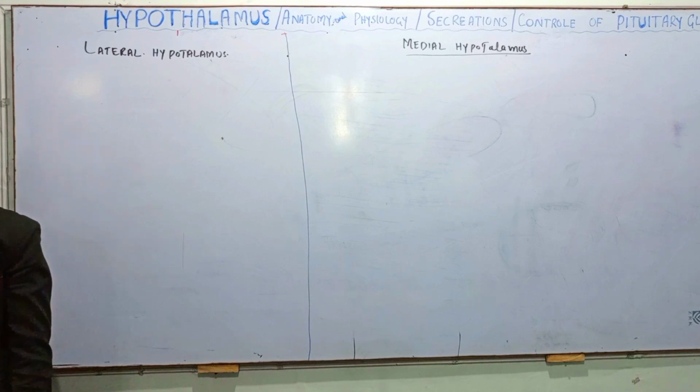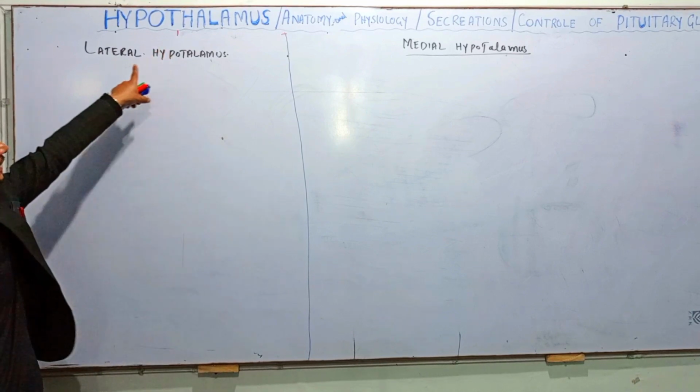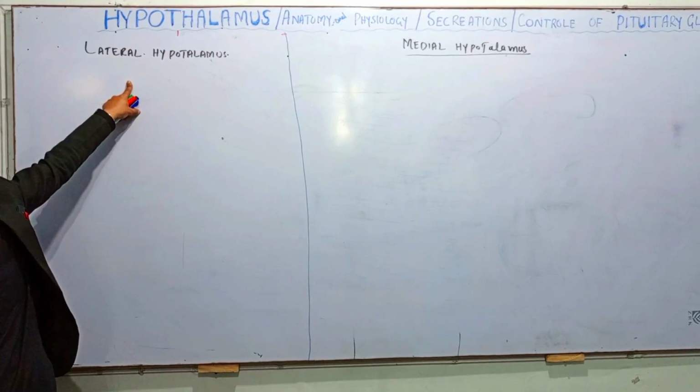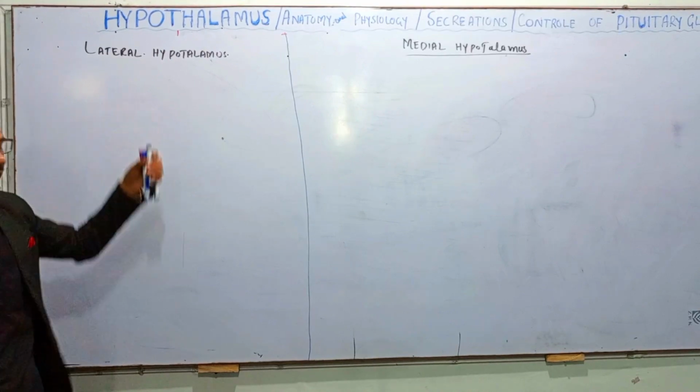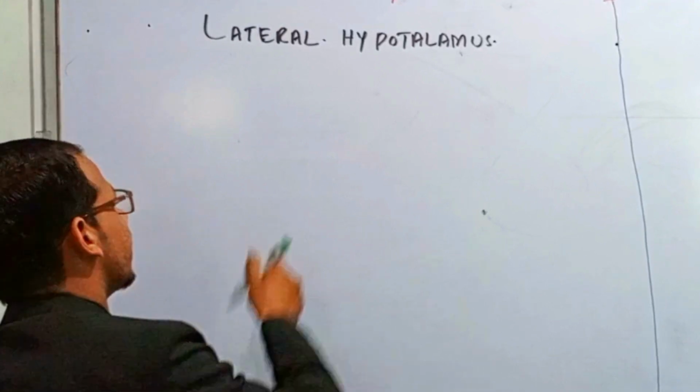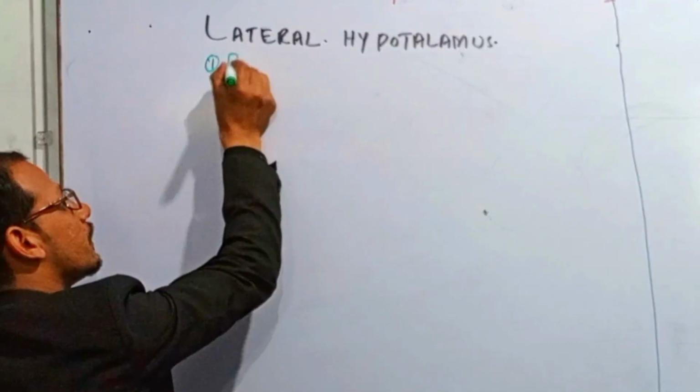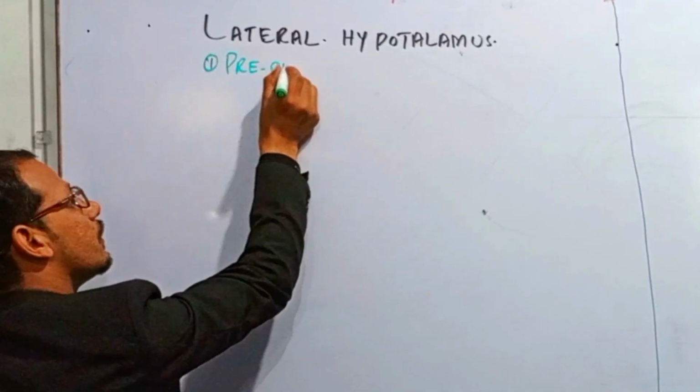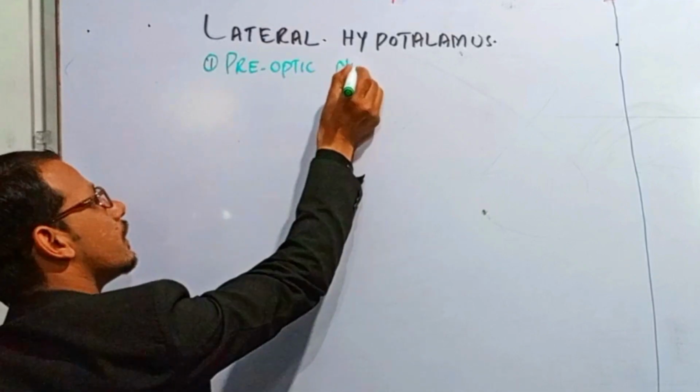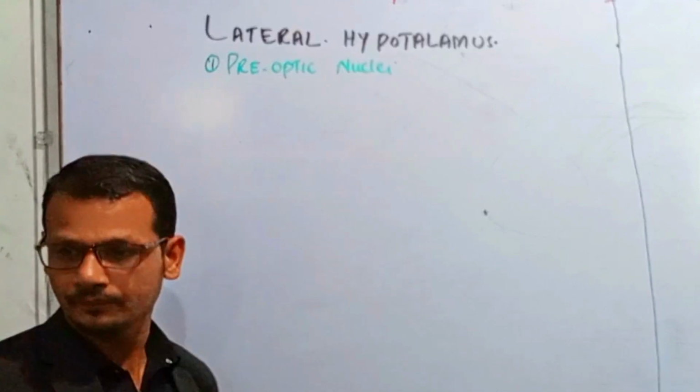And lateral hypothalamus, first of all learn these names, right? We will discuss after studying this lateral hypothalamus. We will be able to know about the pre-optic nuclei. First, pre-optic nuclei, right?